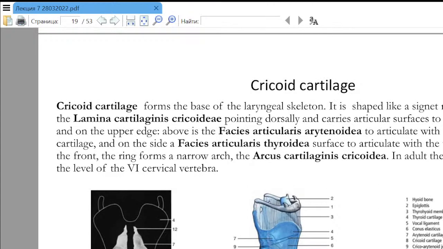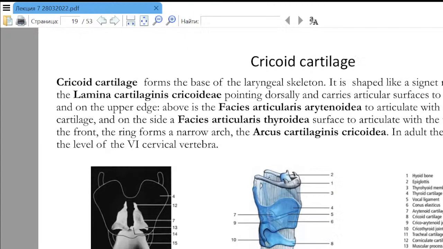Next, the cricoid cartilage, anterior aspect. The cricoid cartilage forms the base of the laryngeal skeleton.